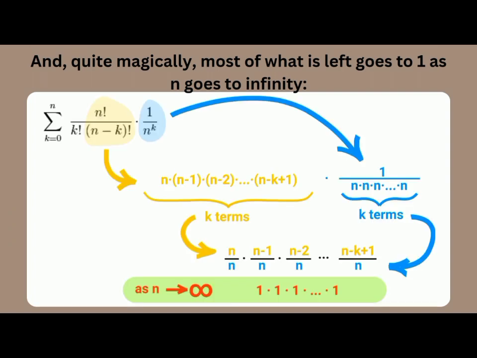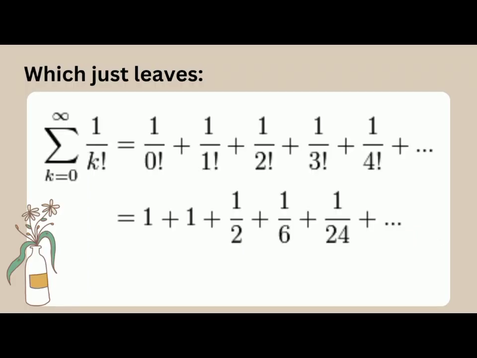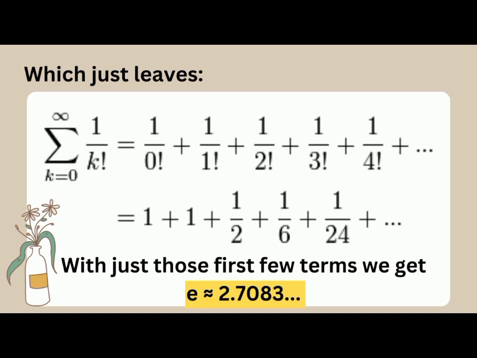So the n is 1, and the k is 0, 1, 2, 3, 4, and so on. It equals 1 + 1 + 1/2 + 1/6 + 1/24. And from the first few terms we get 2.70.